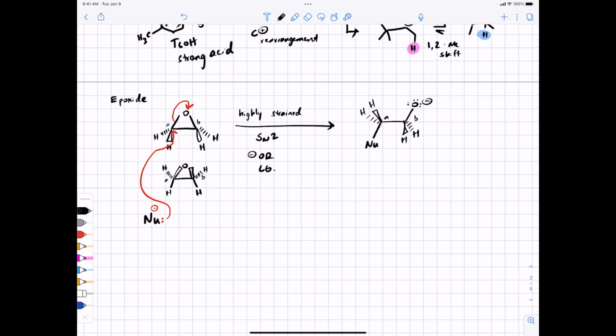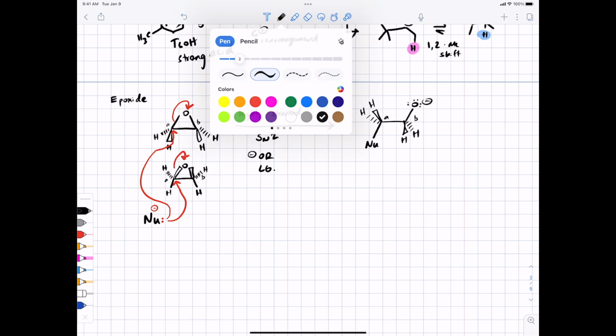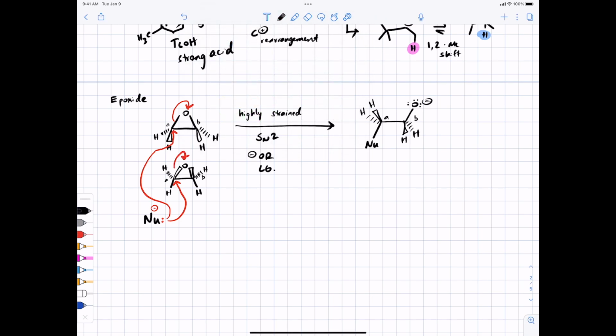Alternatively, you could show the nucleophile attacking backside attack here. And from that perspective, I would draw the negatively charged oxygen on carbon B here, and I'm going to keep carbon B unchanged relative to the way it was originally drawn.